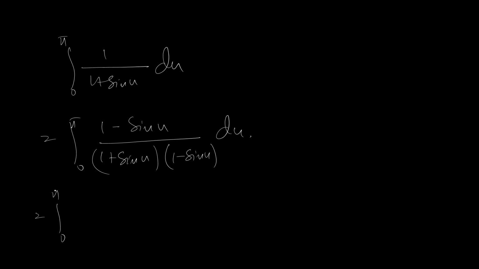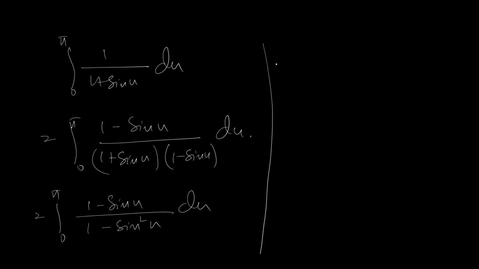So this is the integral from 0 to pi of (1 minus sin x) by (1 minus sin square x) dx, using (a plus b)(a minus b). Ultimately I get (1 minus sin x) by cos square x dx.